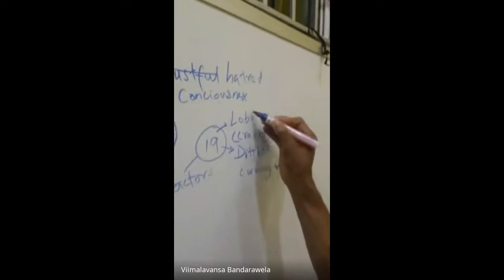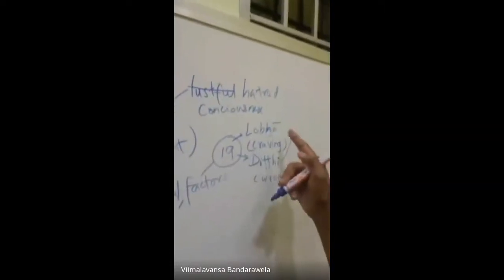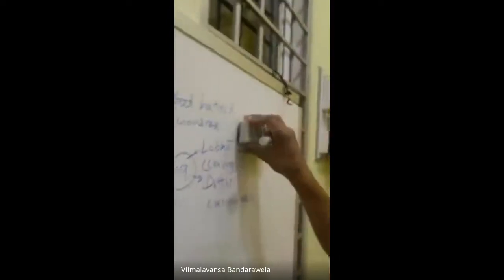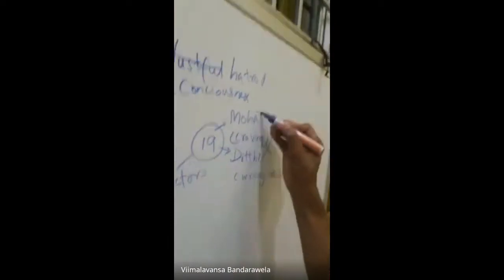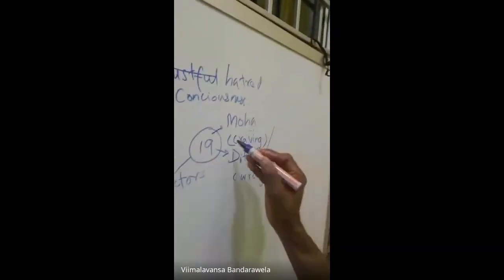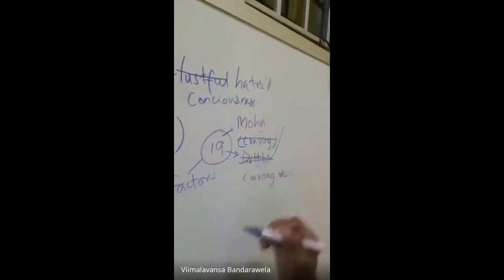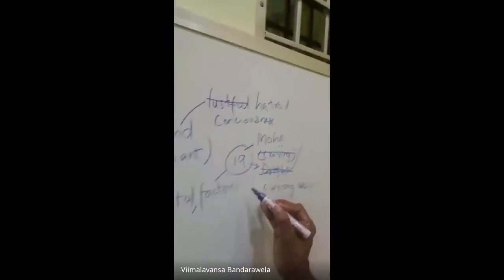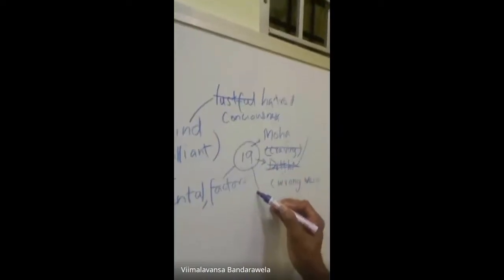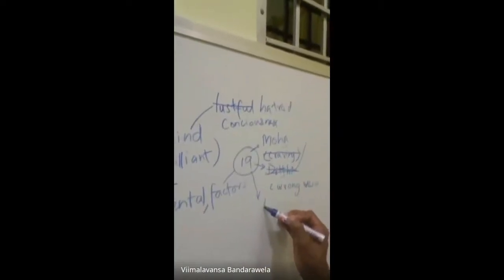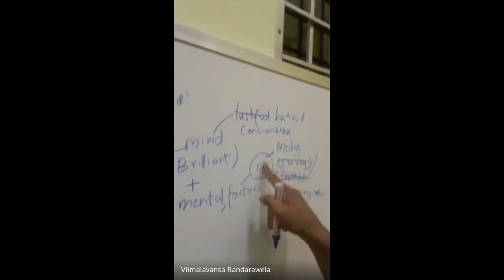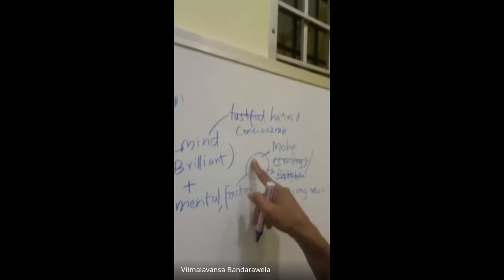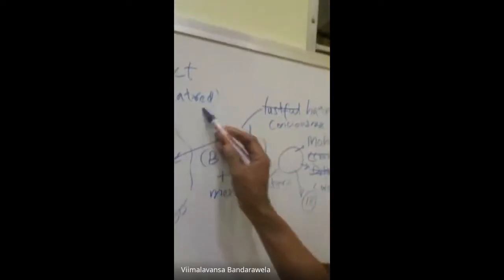Sorry, no lobha. Moha is there, right? Moha cetasika, not ditthi, and you have the other 18 cetasika, right? 18, not 19. You have 18 cetasika in hatred consciousness.